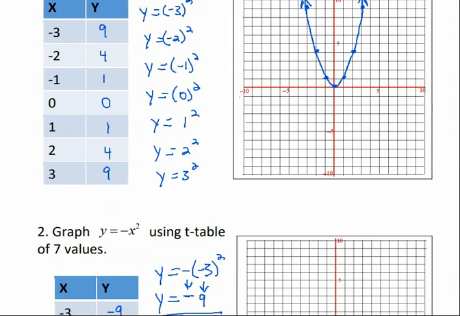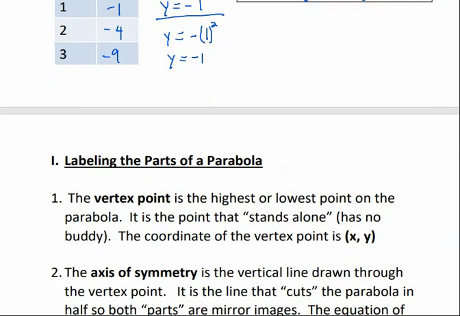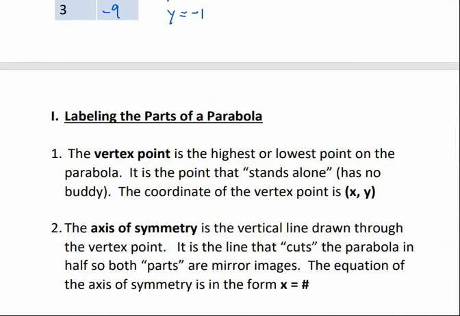We have 1, 1, 4, 4, 9, 9. In the negative x squared, here's our vertex point, and then negative 1, negative 1, negative 4, negative 4, negative 9, negative 9. And that's because it's symmetric. The parabola is symmetric on either side of the vertex.